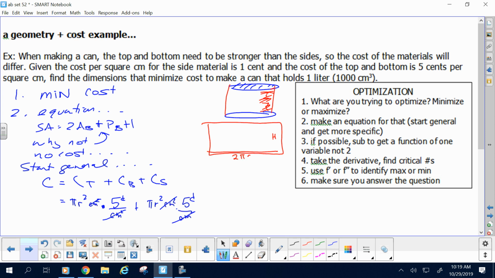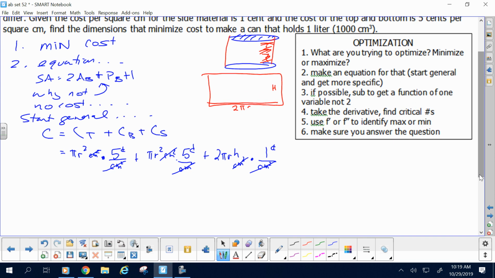So the cost, you say 2 pi r times the height. Is that it? What are the units on that? Centimeters squared, but then I need to multiply that by 5 cents per centimeter squared. 1 cent per square centimeter. Okay? Yes. Let's do a little cleaner version without all the units.